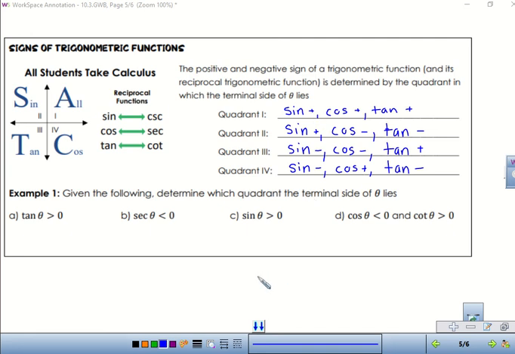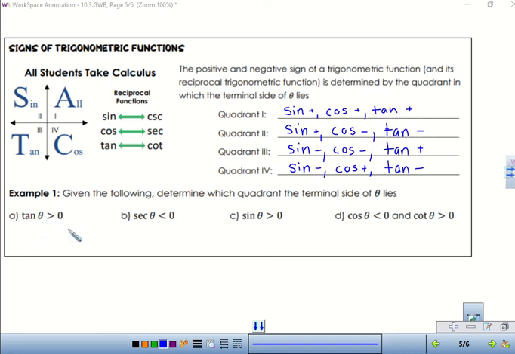So now we're going to do some questions about what quadrant we fall in based on the sign. Given the following, determine which quadrant the terminal side of theta lies. So if tangent of theta is greater than 0, it means that number cannot be what? Numbers that are less than 0 are what? Negative. So we know that this number is positive, right? So basically they're asking you, when is tangent positive?